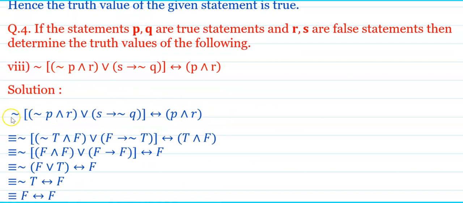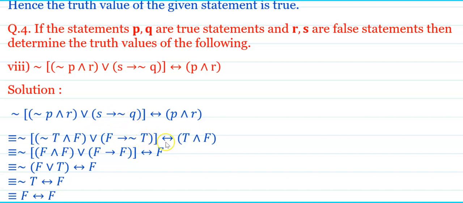Next, negation in bracket, negation of P and R, or in bracket S implies negation of Q, bracket complete, double implication P and R. Now the negation in bracket, negation of T and R is F, bracket complete, or S is F implies negation of Q, means what?